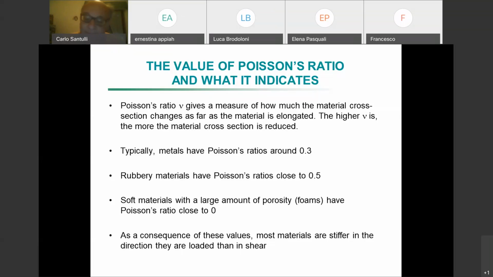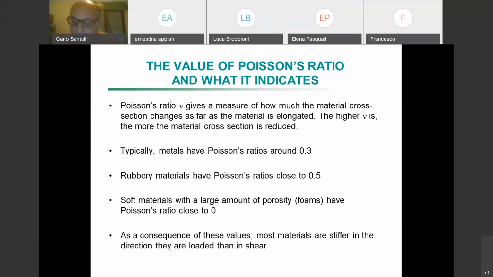So it's less stiff in the shear direction by 2 to 3 times, I would say, in general terms. There is an exception to that.